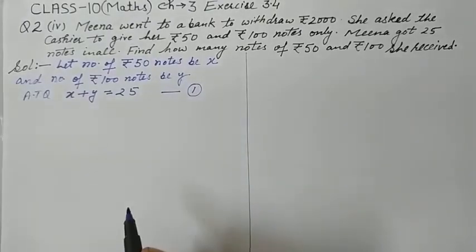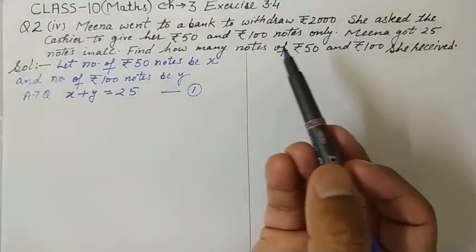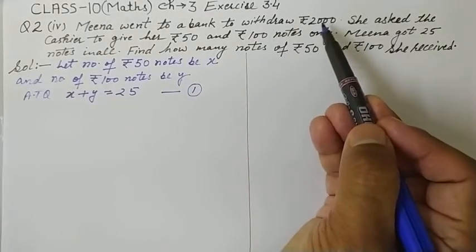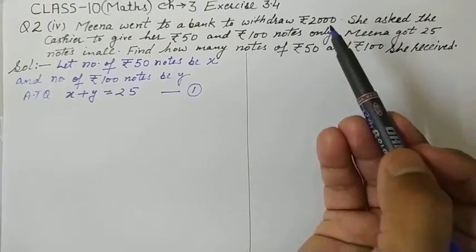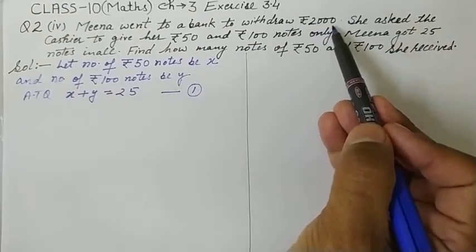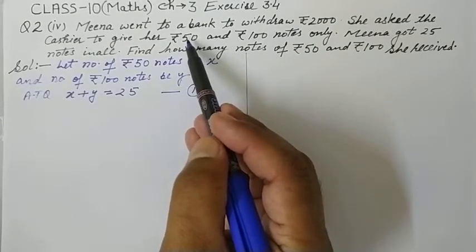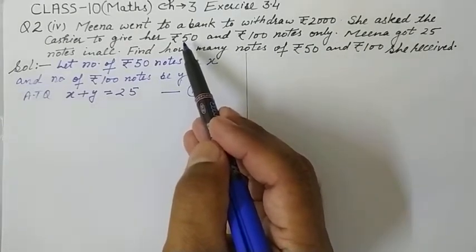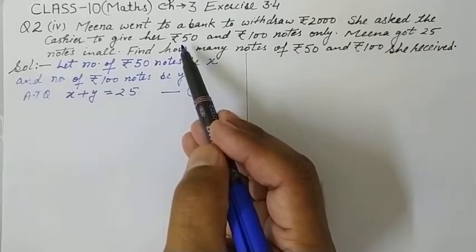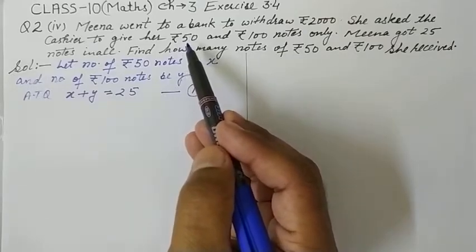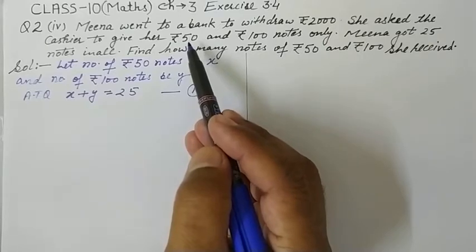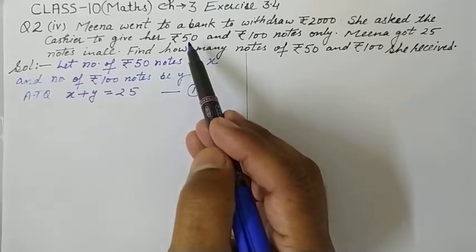Now the second condition is that the total amount was rupees 2000. So I tell you, if there is one note of rupees 50, we have an amount of 50 rupees. If there are two notes of 50, then it is 100 rupees. If there are three notes of 50, then total money is 3 into 50, 150 rupees.